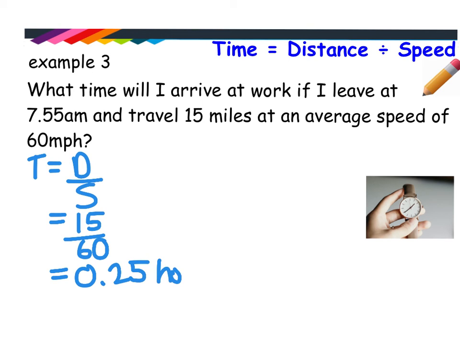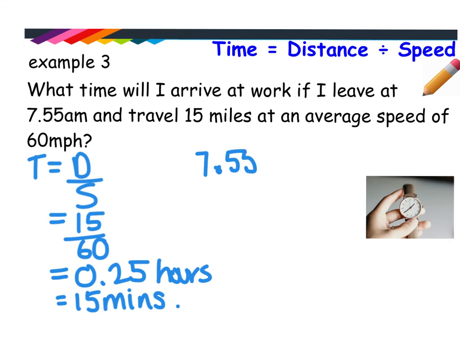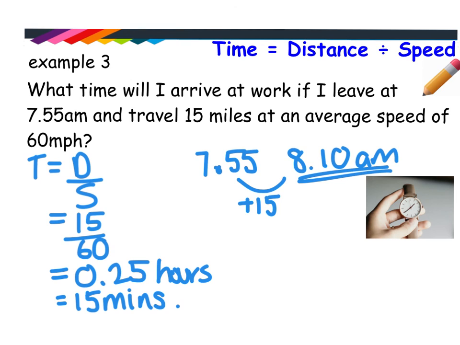It won't even take me a full hour, right? I don't live that far away. So 0.25 hours is a quarter of an hour, so it's going to take 15 minutes. Now the extra bit to this question says you are leaving at 7:55. You need to count on 15 minutes. 5 minutes takes you to 8 o'clock. You've got another 10 minutes to go. So I will arrive at work at 8:10 a.m.